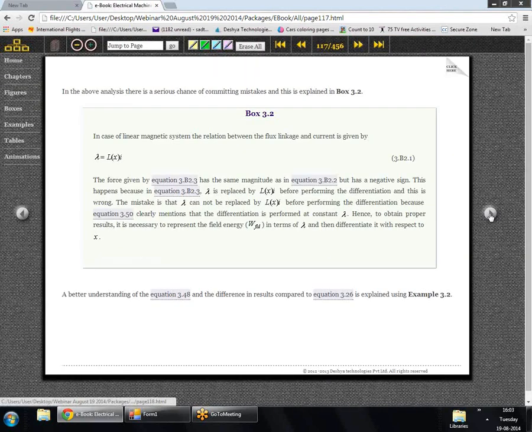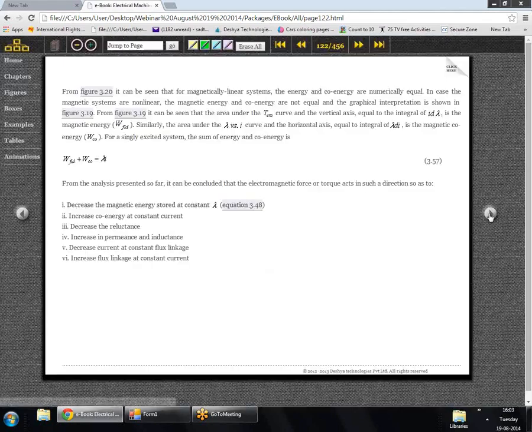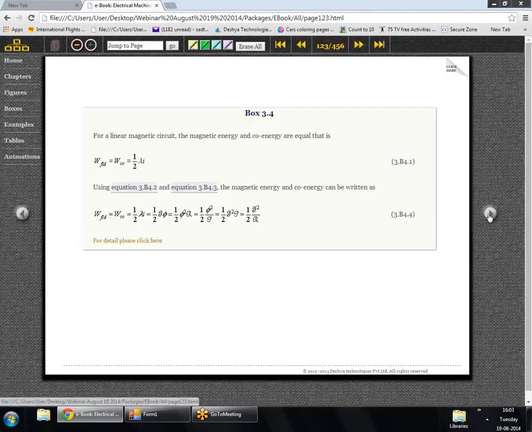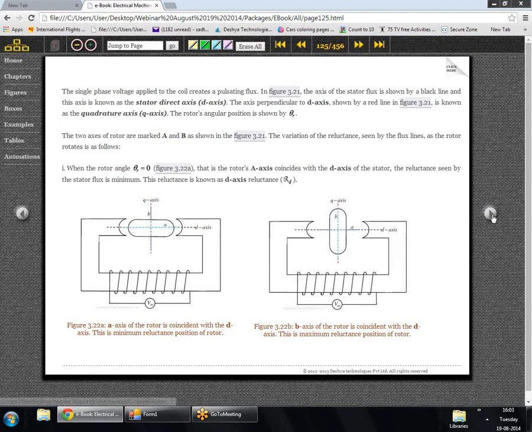Similarly, we can do the analysis of a doubly excited system which has a rotational motion, and this is shown over here. This was discussed in our previous webinar, so I will not go into details. But instead of a linear motion, if we have a rotational motion, then we have a simple reluctance machine shown here, and these are the two extreme positions of the rotor, for which we will have different values of the reluctance.